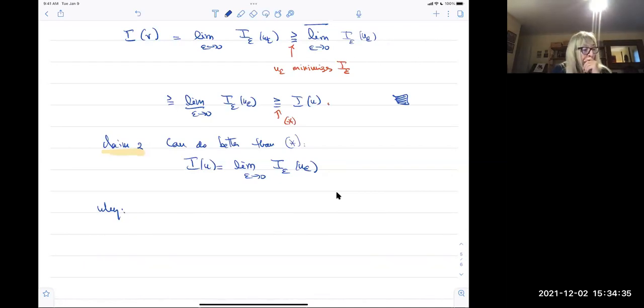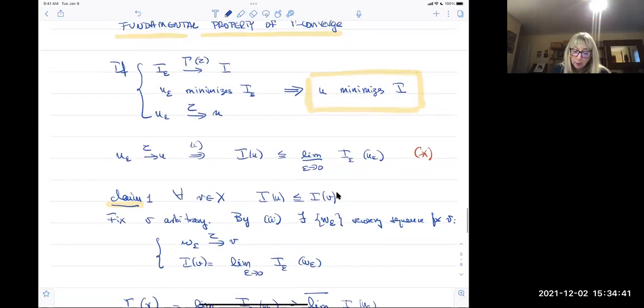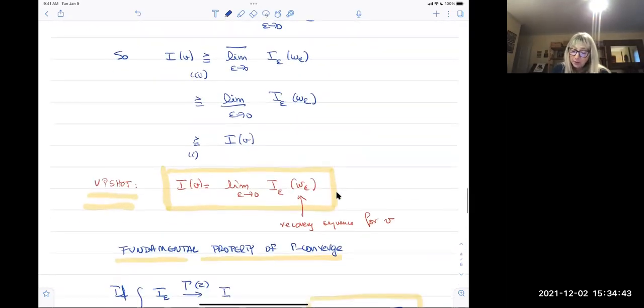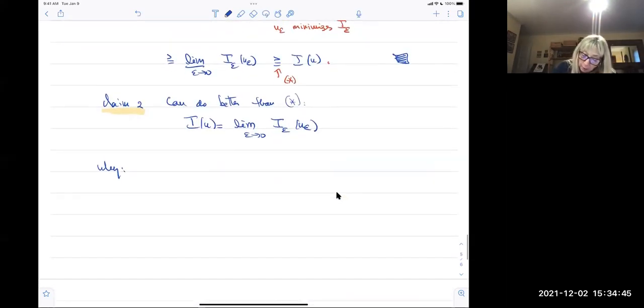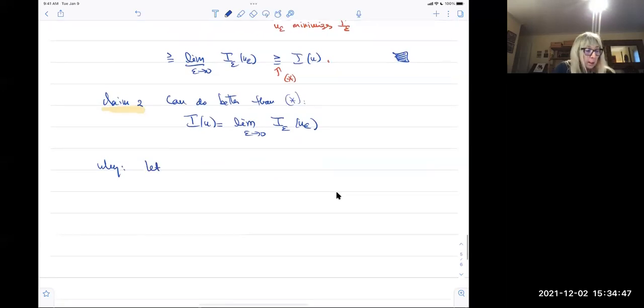Now, again, let's think about what I call 2i. 2i was the recovery sequence. I take, say, Z epsilon, a recovery sequence for U epsilon.